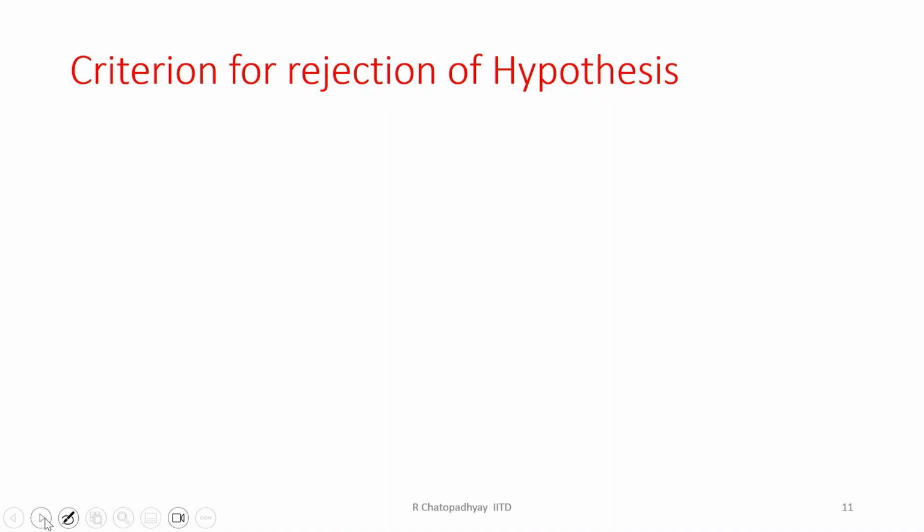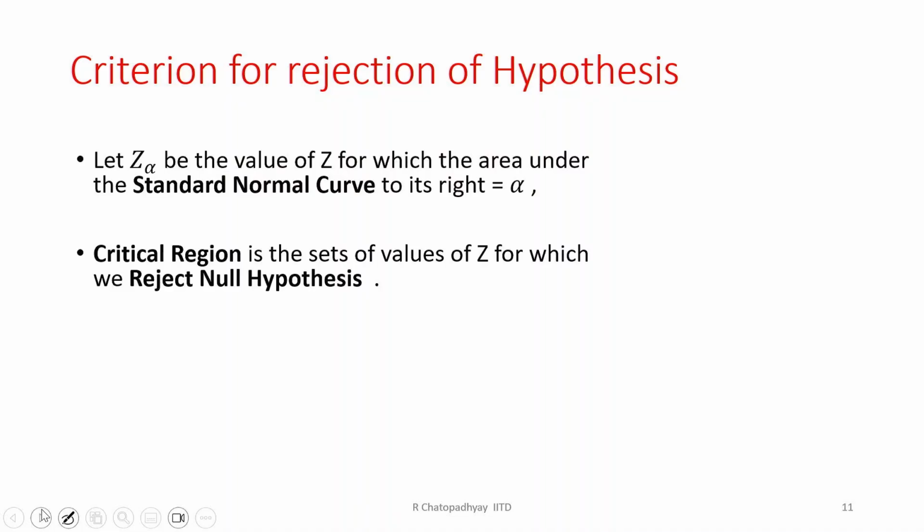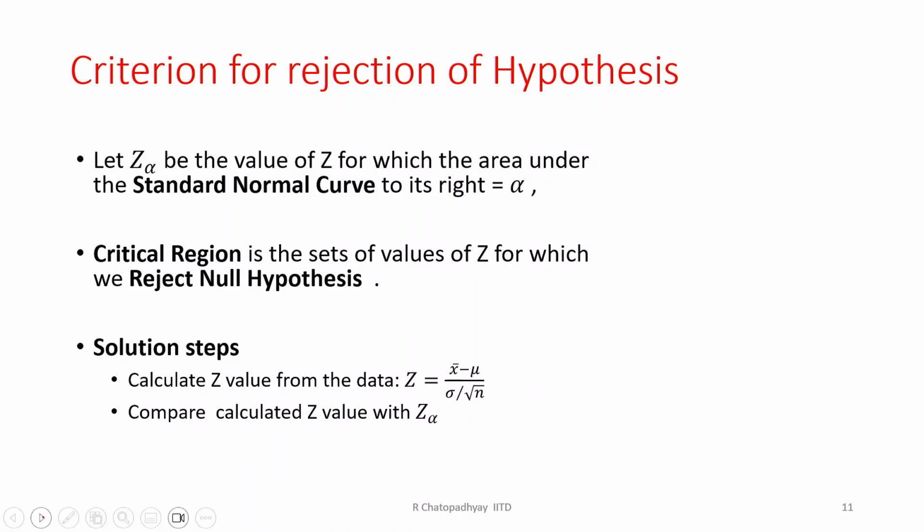Criteria for rejection of hypothesis. Let z alpha be the value of z for which the area under the standard normal curve to its right is alpha. So that is what we call z alpha.